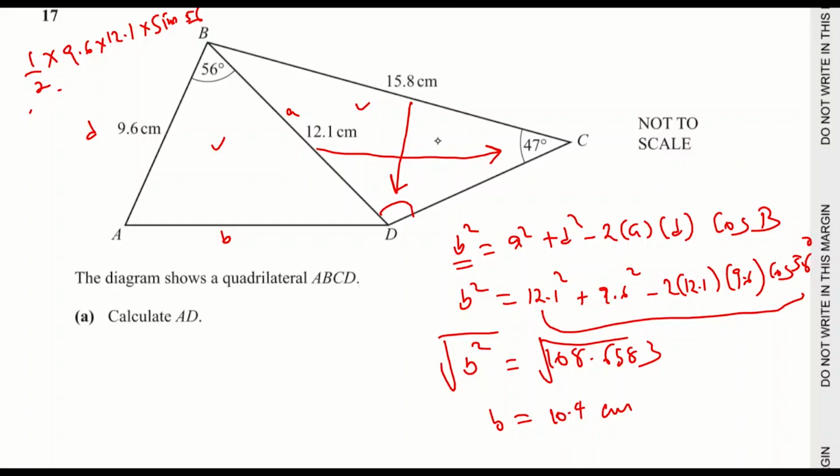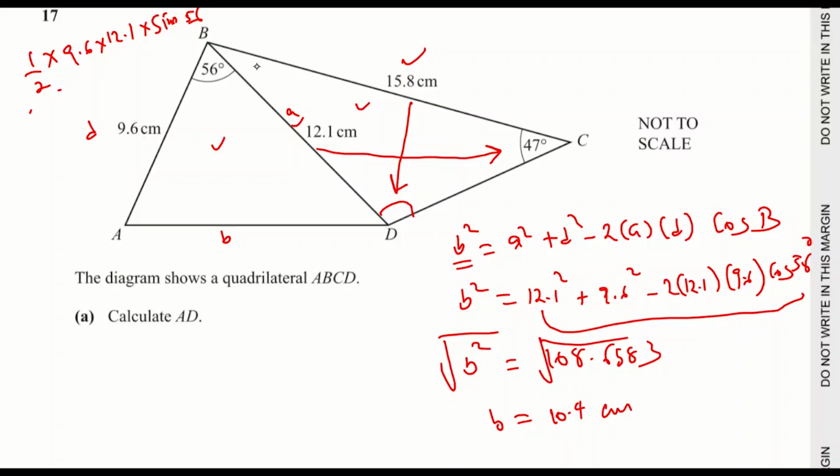Then for this triangle CBD, to calculate the area, it's pretty easy as well. Similarly, we have two known sides, this side and this side. This is the unknown side, that is the CD.